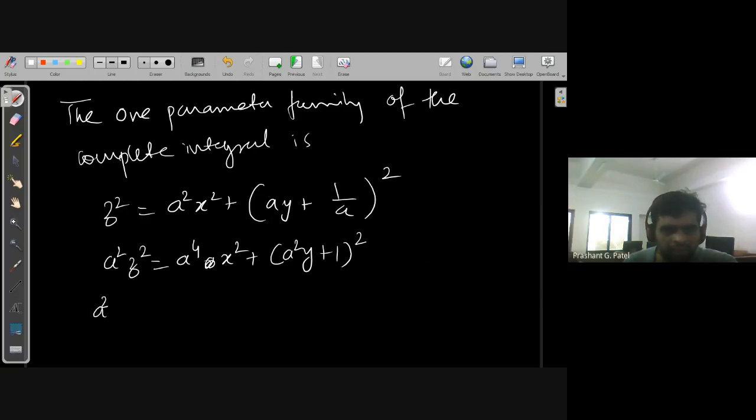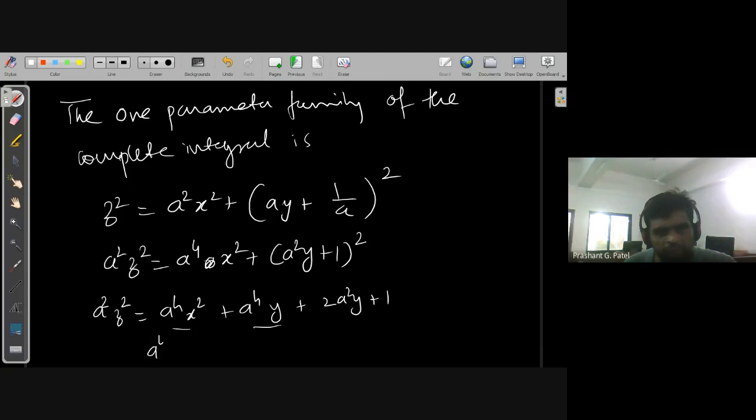So that is a square z square equal to a power 4 x square plus a power 4 y plus 2 a square y plus 1. So I just have to square this. So a power 4 is common from these two.